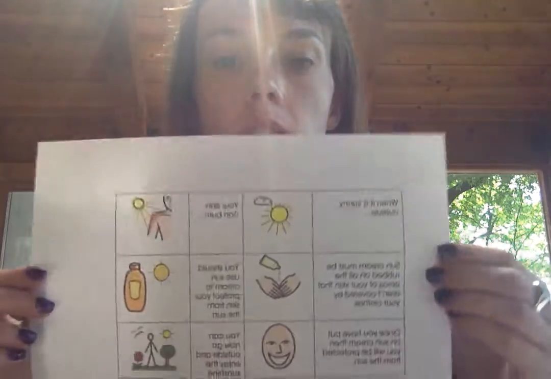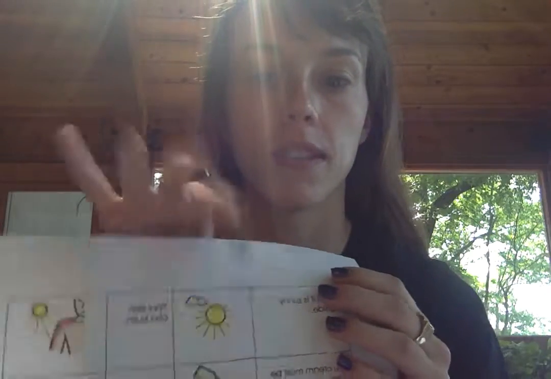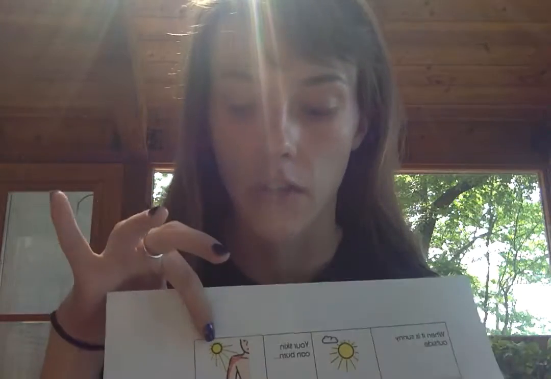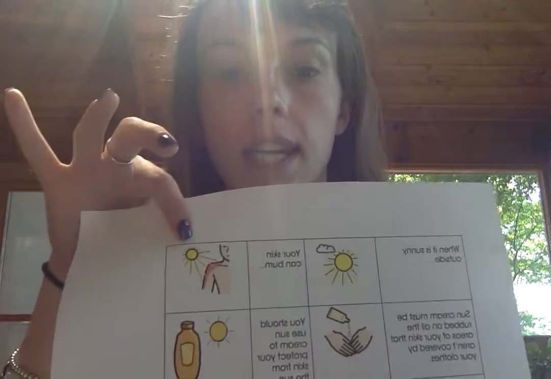So the social story that I have right now looks like this. What our social story says is, when it's sunny outside, and then there's a picture of the sun, your skin could burn. And so then there's a picture of the sun and getting a sunburn.